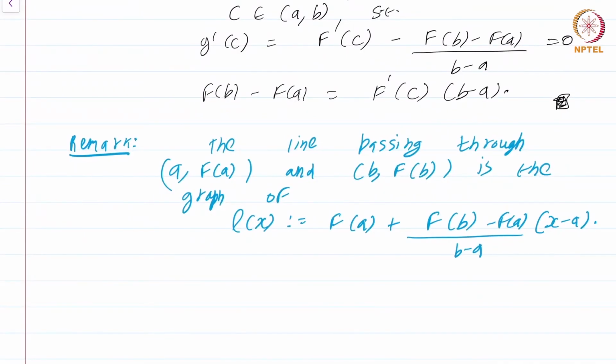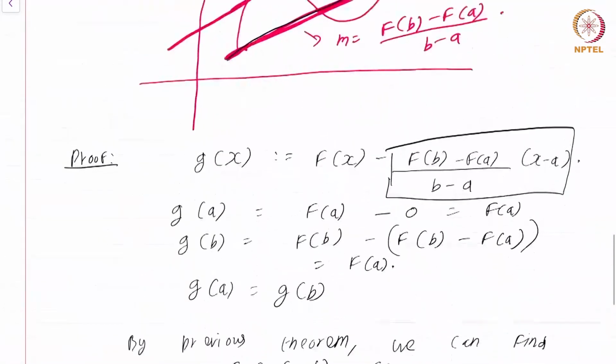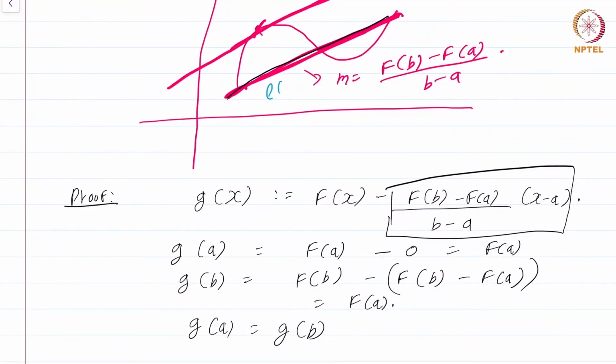This is actually going to be the graph, so L from [a,b] to R. This L of x is actually the equation of this line from a to b.